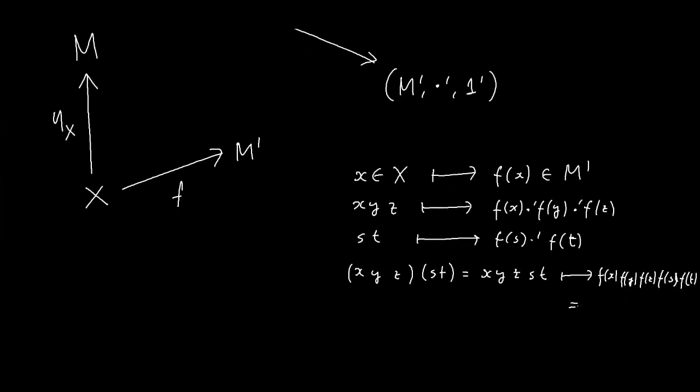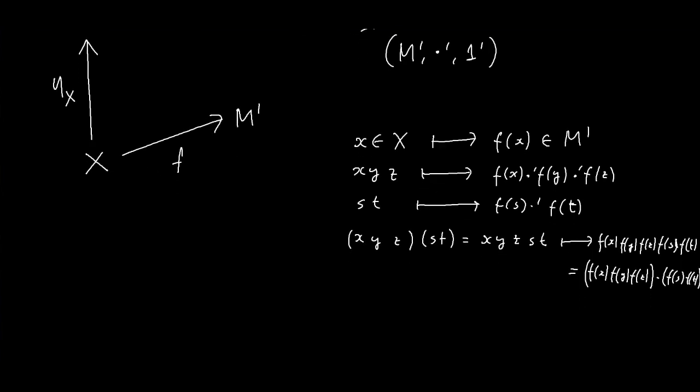But that, of course, is the same as grouping the first three together and then multiplying that by grouping the second two together, just by associativity of the operation in M prime.